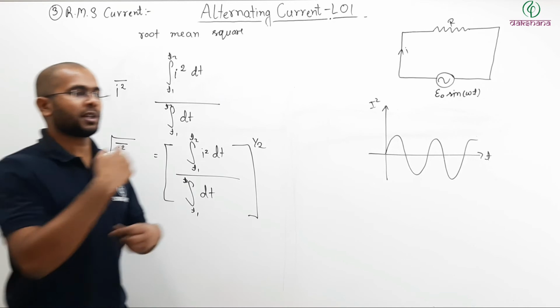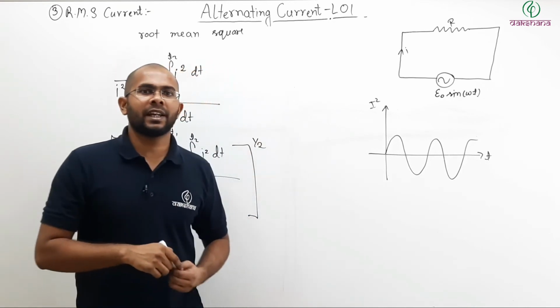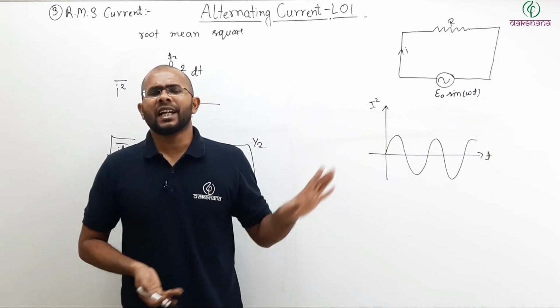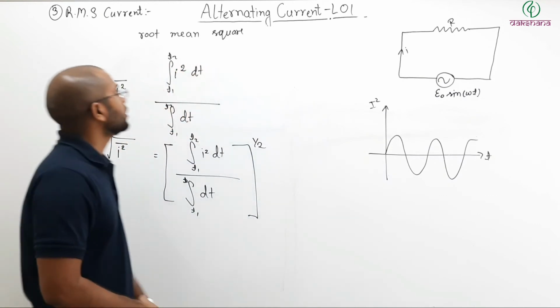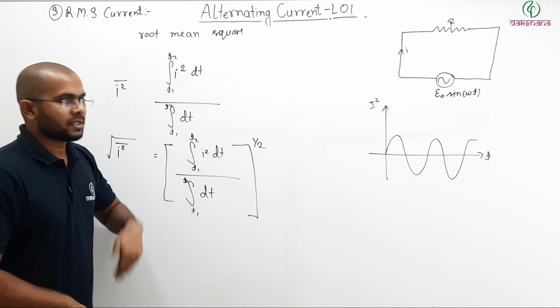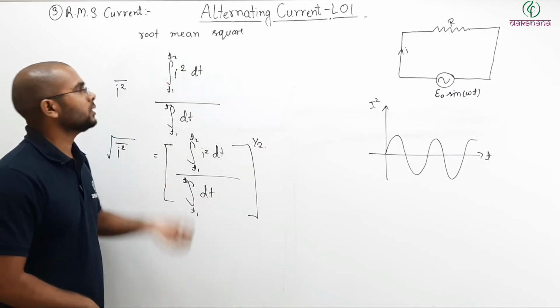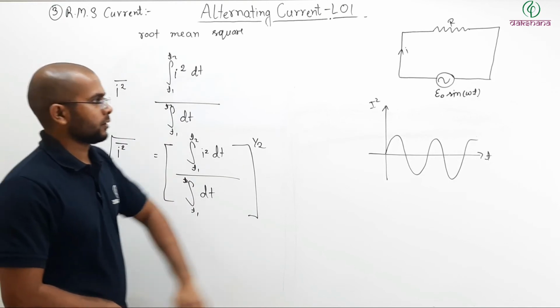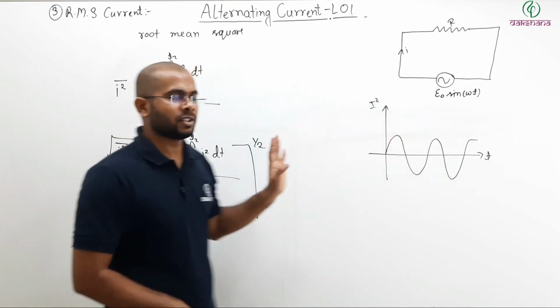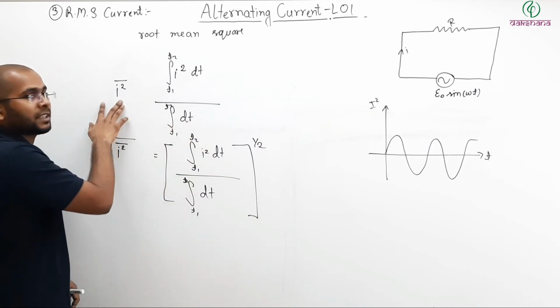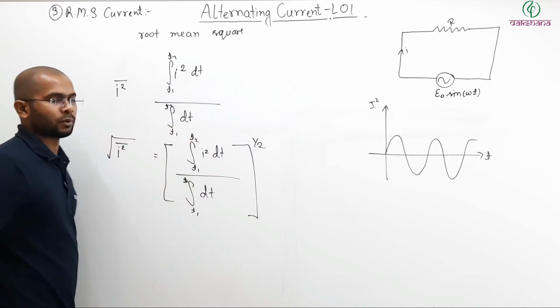So what is your root mean square value? Read it in reverse order. Whenever you have any kind of current, the first thing you do, you square the current. Second thing you do, you take the average of that. Third thing you do, you take the root of that value. So first I square, then average, area under the curve divided by dt, T1 to T2, that is I square average, then you take the root value.